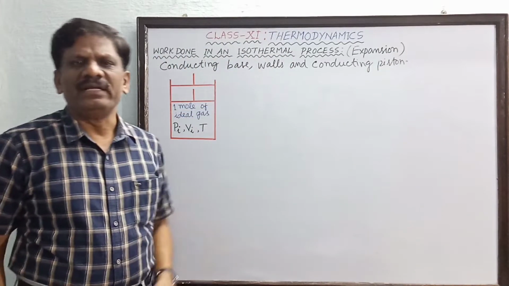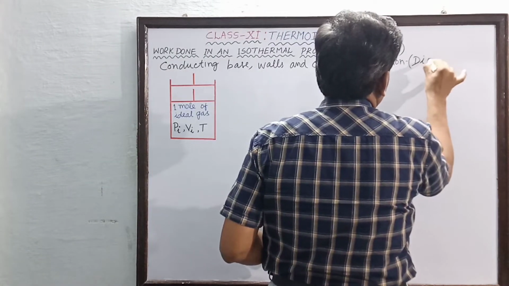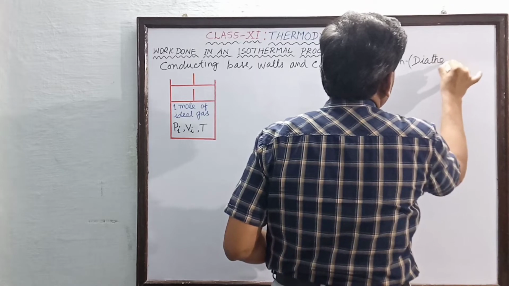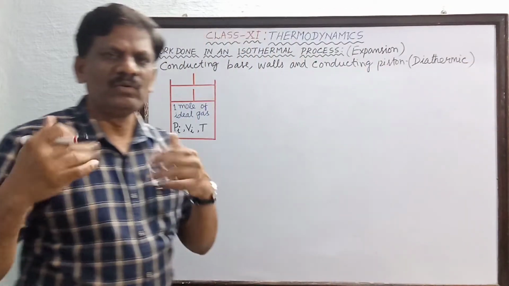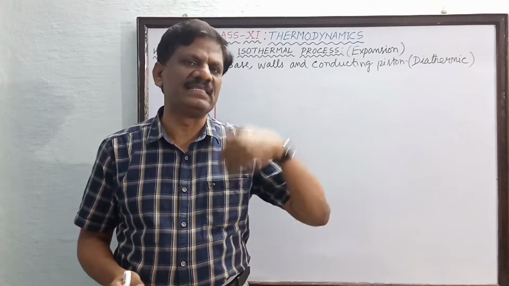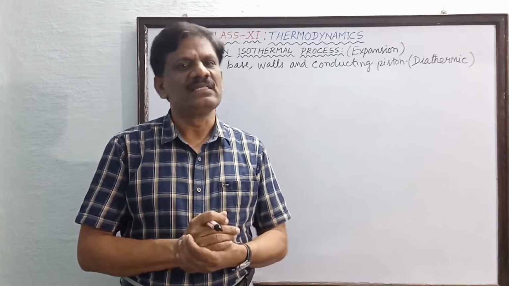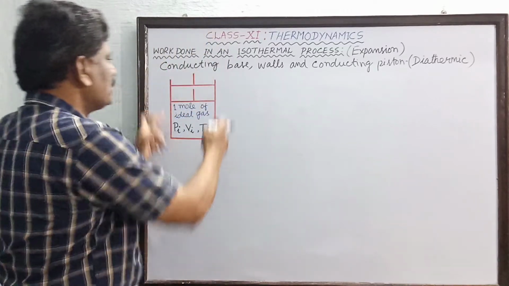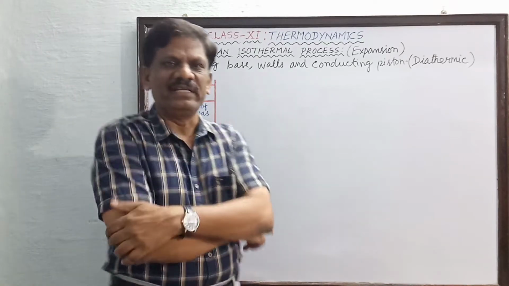The conducting material is also called diathermic. It will allow the heat to flow from the system to the surrounding and also from the surrounding into the system. So the walls and the base are made up of conducting material.